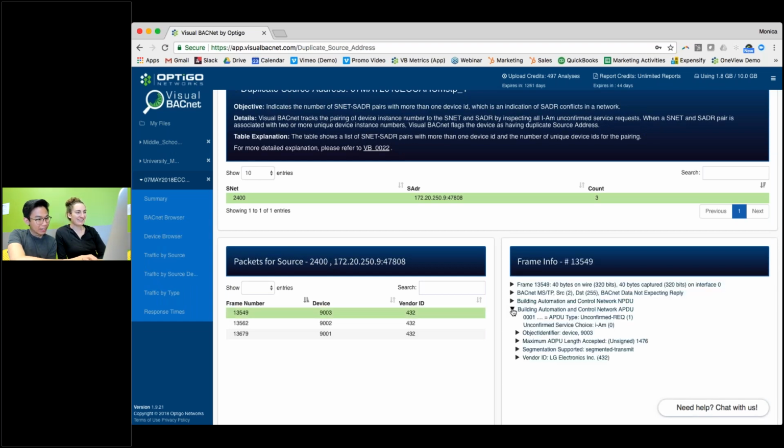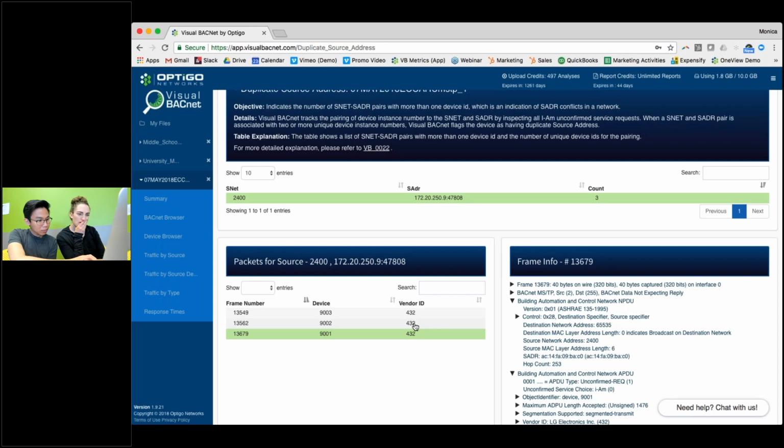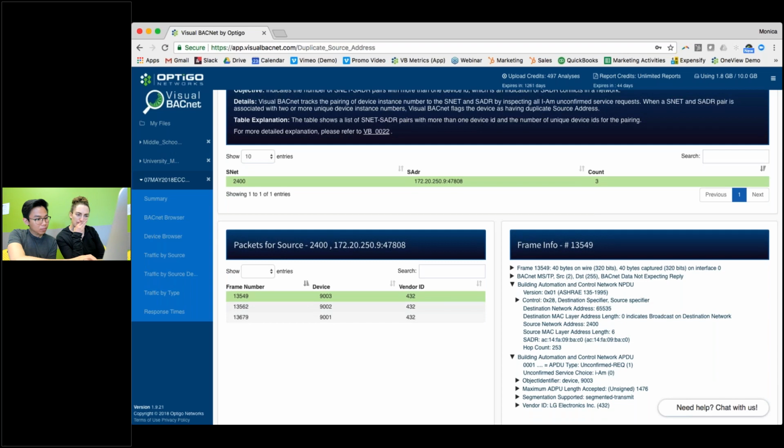Tell us. Okay, so source network 2400. LG Electronics. This is potentially some third-party BACnet device with some default addressing. Okay. So that should be a fairly easy one to figure out.